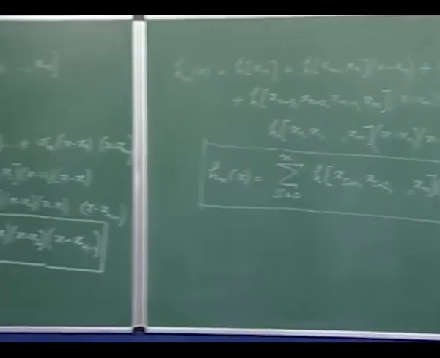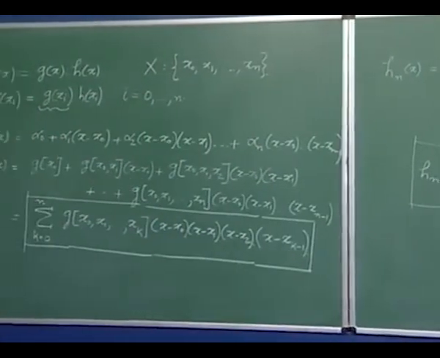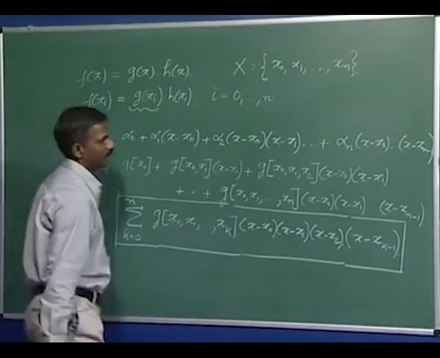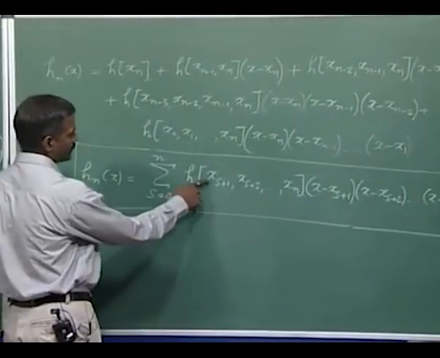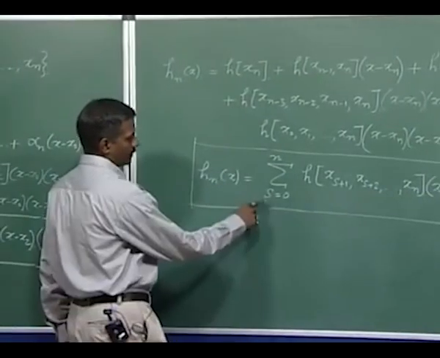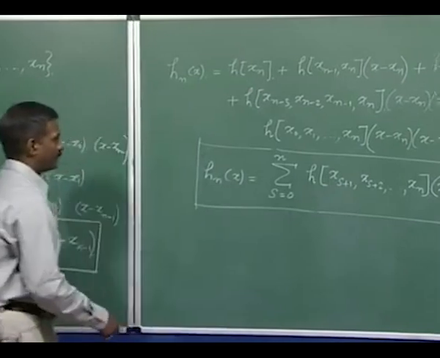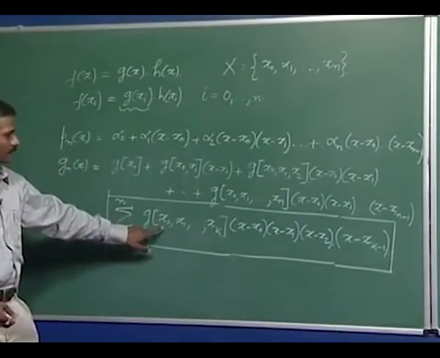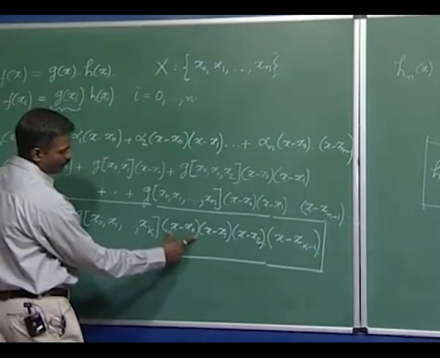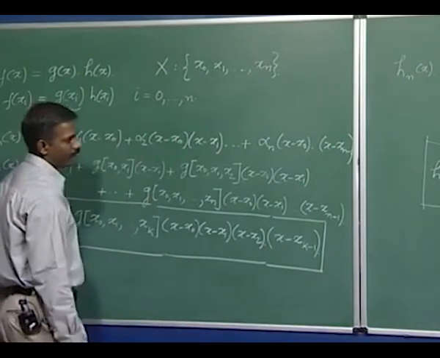Note the difference in these two expressions. The divided difference here involves x0, x1 up till xk. The divided difference here involves x s plus 1, x s plus 2 up till xn. The minimum value of s is 0. So, the starting value is x1 here. The starting value here is x0. With regard to these terms, we have here x minus x0, x minus x1 up till the last term as x minus xk minus 1.